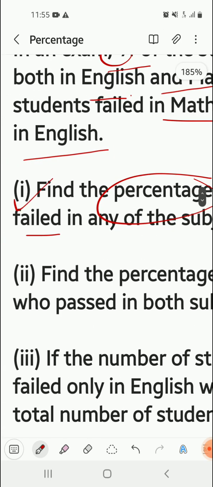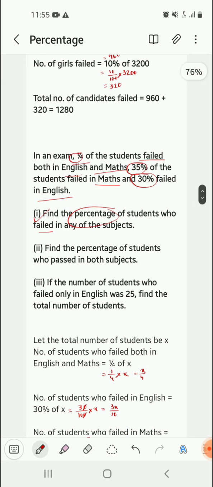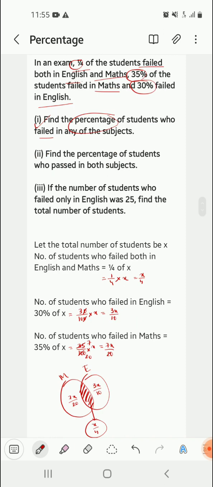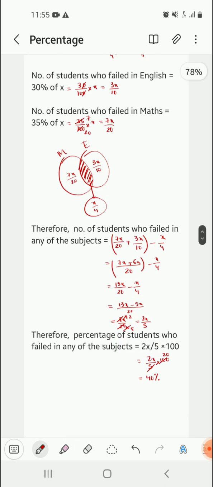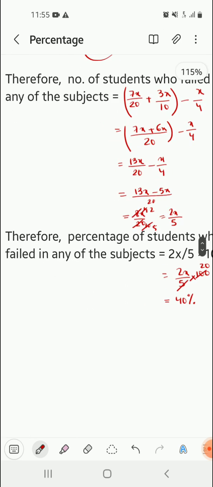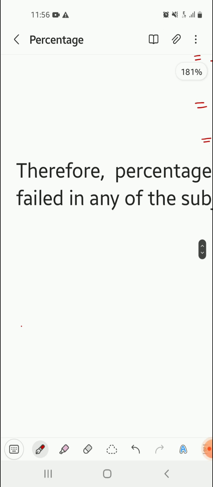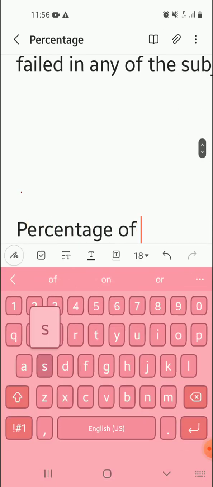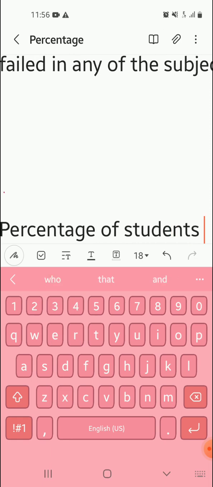Now we will move to the second part of the question. So this is done. Number 2, find the percentage of students who passed in both the subjects. Of course, if we know the percentage of students who failed in any of the subjects, if we deduct from the total, we get it.